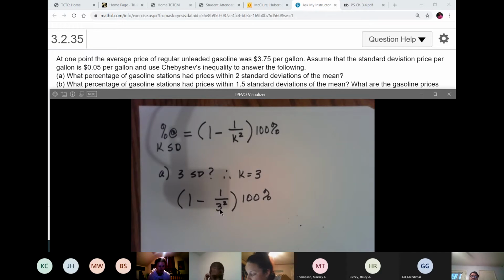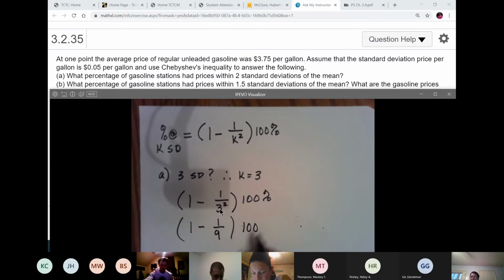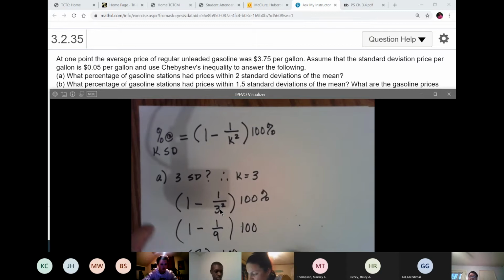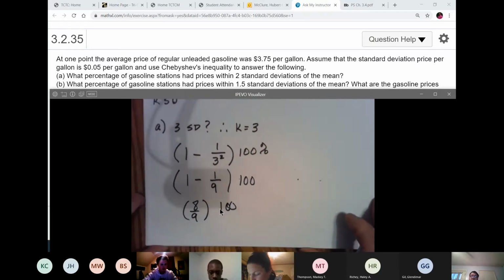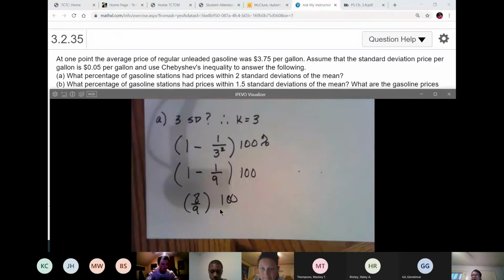Somebody give me 1 minus 1/9 in your calculator. Give me 4 digits. Or I'll do it, 8/9. What is 8/9? Come on, somebody give me 8/9. I don't know how to work the computer and do fractions. Oh my gosh.